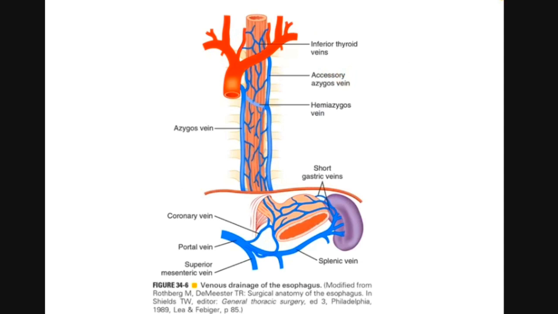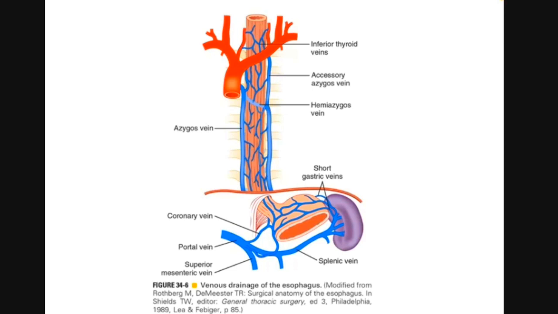The blood supply of the esophagus: the good blood supply is in the cervical part and the lower abdominal part. The poor one is the thoracic part. The upper part gets its supply from the inferior thyroid artery, and the venous drainage is through the accessory azygous vein and hemiazygous vein, which supply the thoracic part.